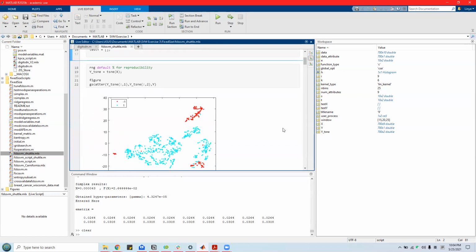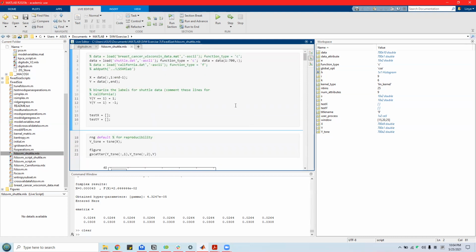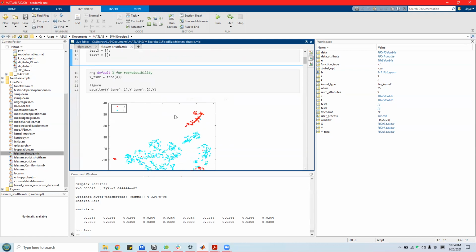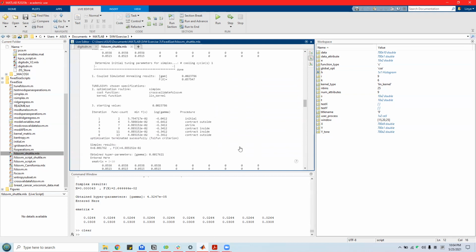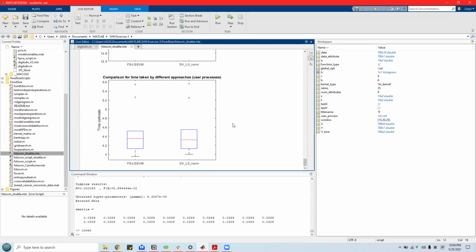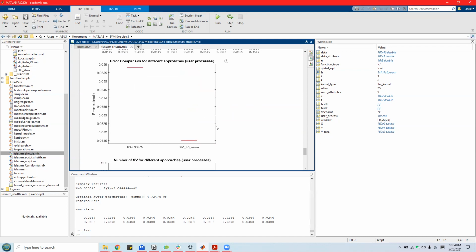You are talking about the California data set? No, the shuttle data set. You are getting errors when you're running a script? No, I mean the misclassification. Oh, okay. Let me check what I get here, which is quite large considering that 80% are from one category.